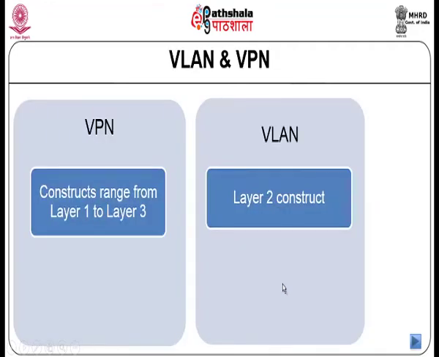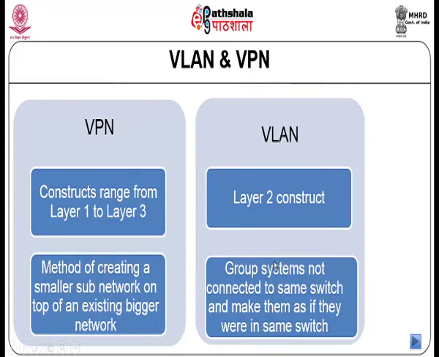What is the difference between a VLAN and VPN? VPN is applicable on layer 1 to 3, whereas VLAN is applicable on layer 2. VPN is a method of creating a smaller sub network on top of an existing bigger network, as we saw that the channels are created using VPN, whereas in VLAN we group the systems which are not connected to the same switch and make them as if they belong to the same switch.